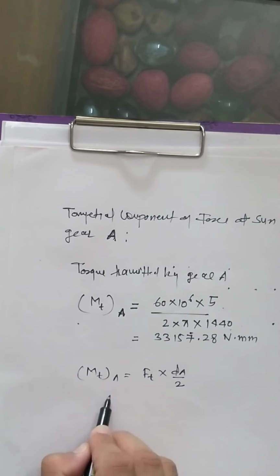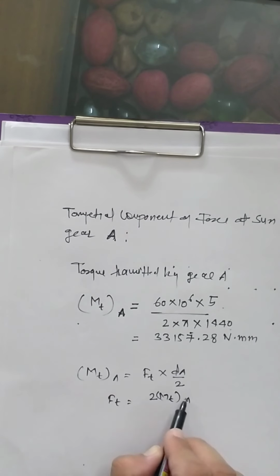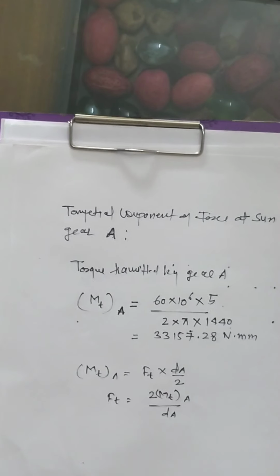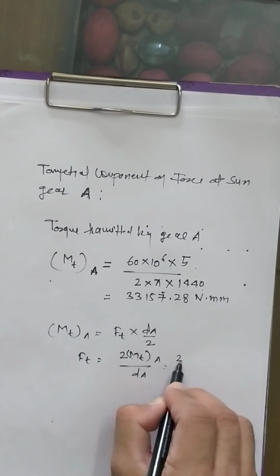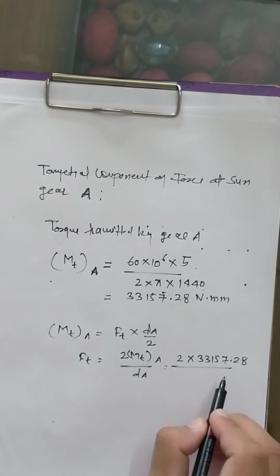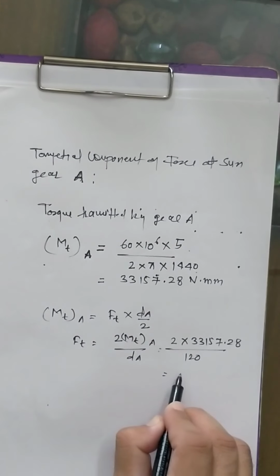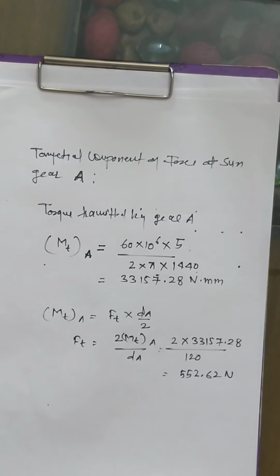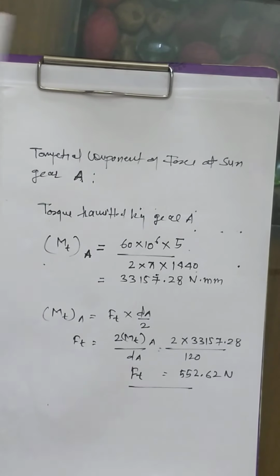So Ft can be written as 2 MT A divided by dA, where dA is the pitch circle diameter of gear A. If we put the values, 2 times 33157.28 divided by 120 mm, this would be 552.62 Newton. Okay, so now Ft is known to us, right?